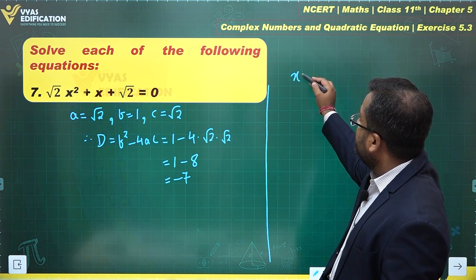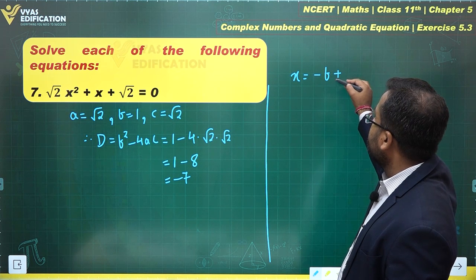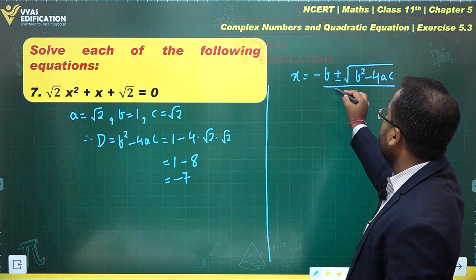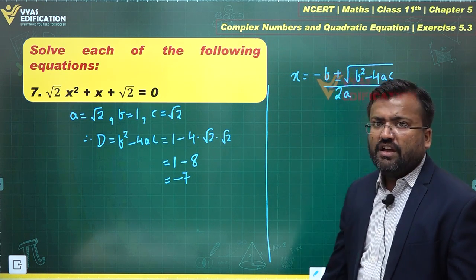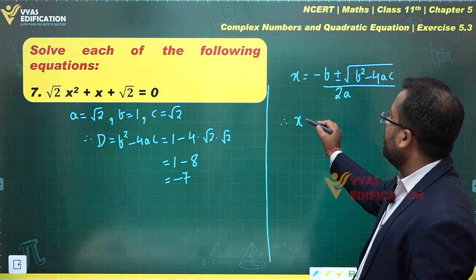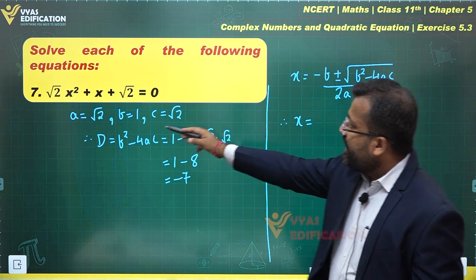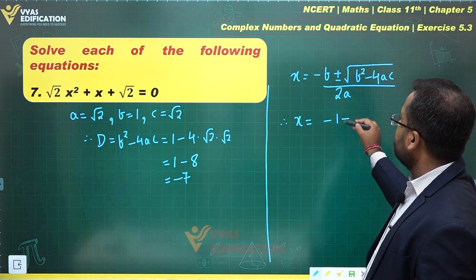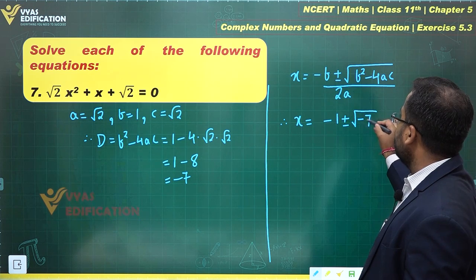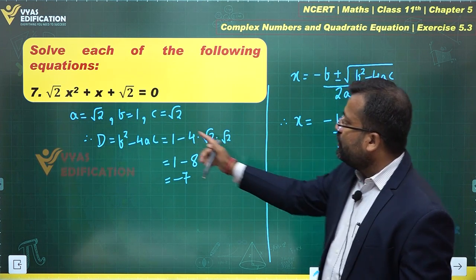X by the Sridharacharya formula would be equal to minus b plus minus under root b square minus 4ac upon 2a. Now what happens in this case is, therefore x becomes equal to minus b. Now minus b would be minus 1 plus minus under root of b square minus 4ac, which is minus 7, upon 2 times under root of 2.